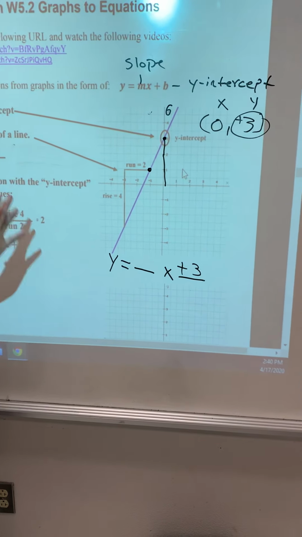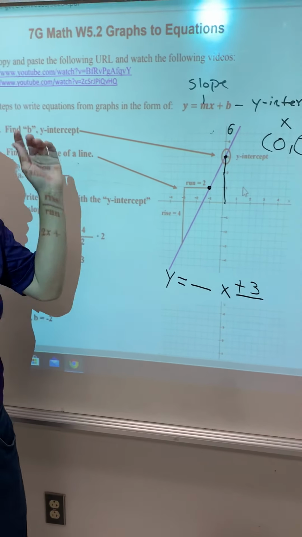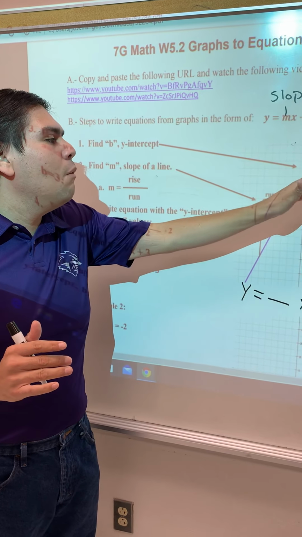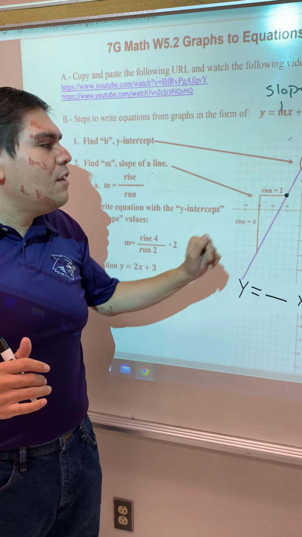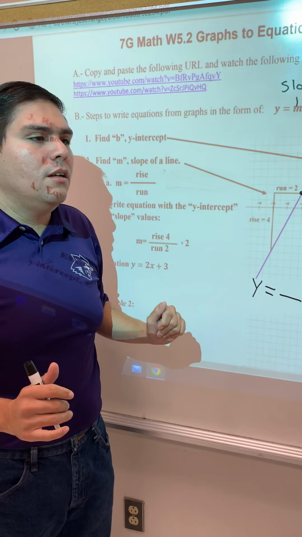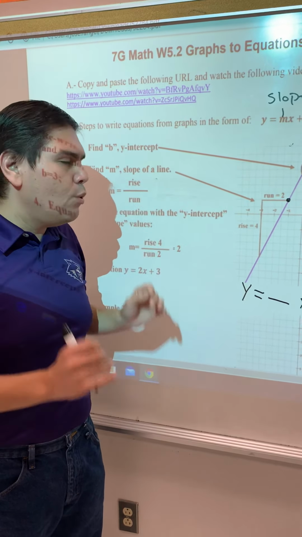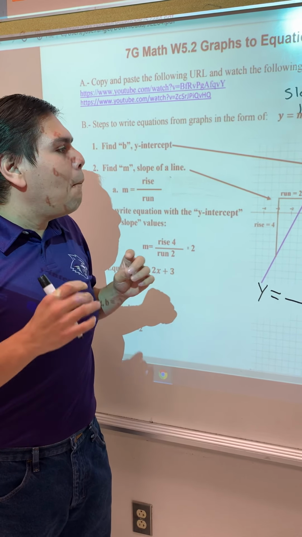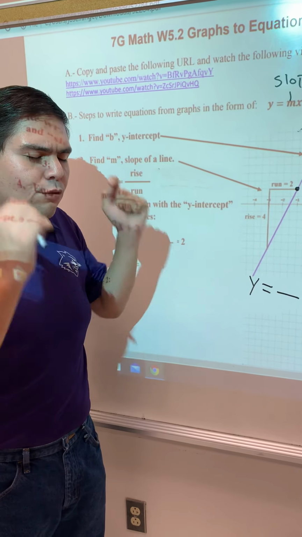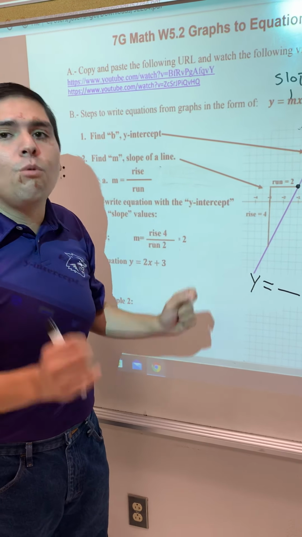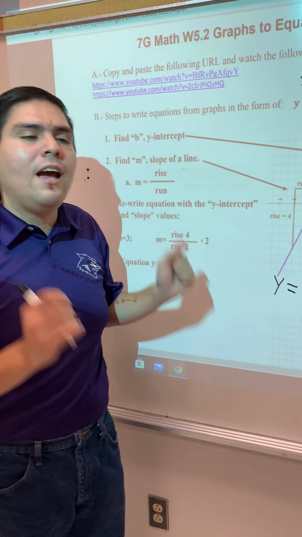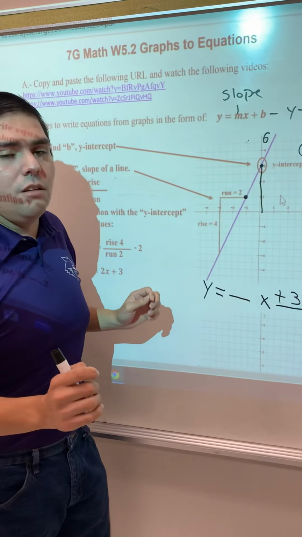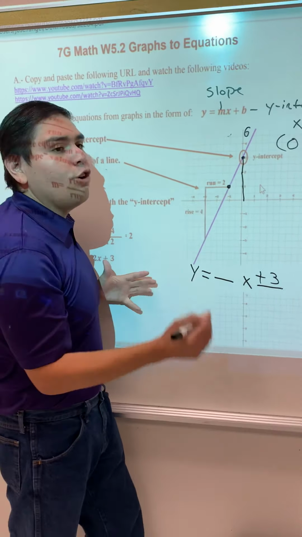And all I have to do is list the directions of how I am moving to get from point A to point B. It doesn't matter what point you start at, but the only directions you can move are up, down, left, and right. My advice is for you to write the directions you are moving, because that'll help you with any possible sign errors and reduction and simplification of your slope.